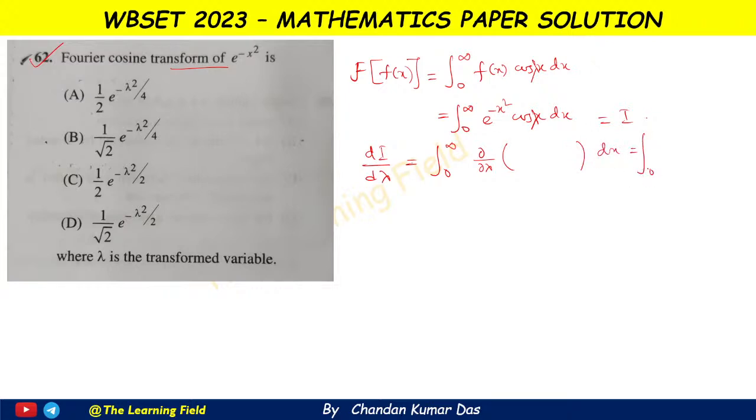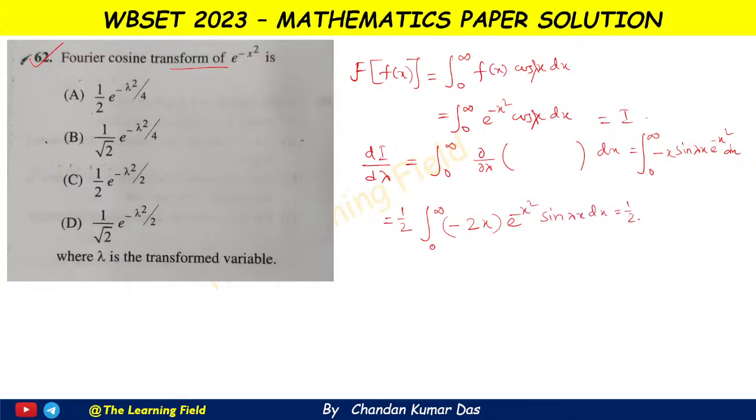So this is equal to integration 0 to infinity of minus x sin lambda x into e to the power minus x square dx. Sorry, this is x, not lambda. Okay, we write it multiplied by 2, so this is 1 by 2 integration 0 to infinity of minus 2x e to the power minus x square into sin lambda x dx.